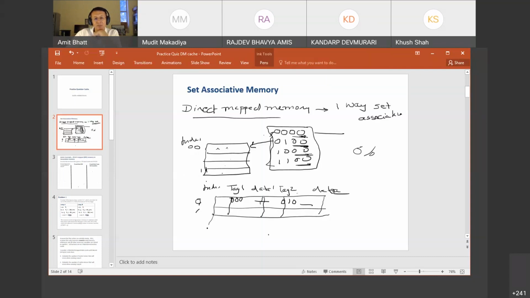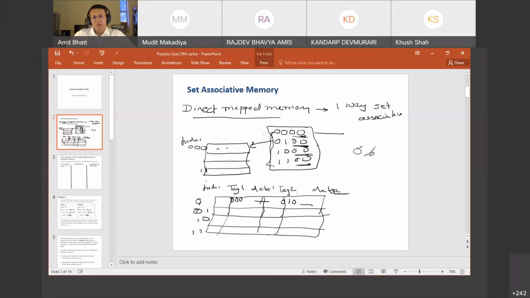And suppose it was like this, and this was still, say, 8 words like this, then the first one will be 0000, and the last one would be 111. So the problem here would also have been a little lessened, and here it would have been considerably reduced.